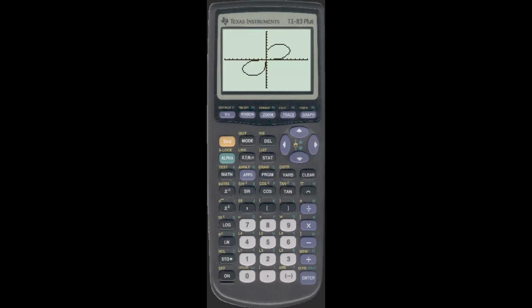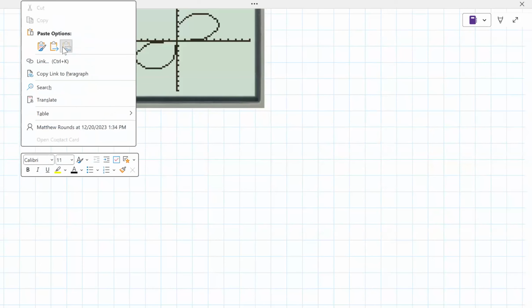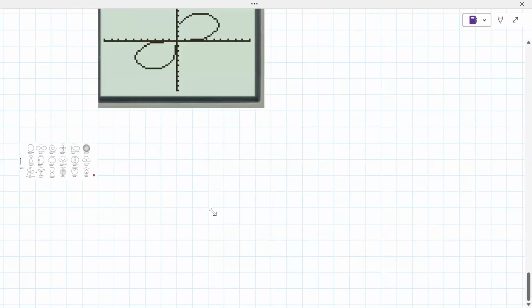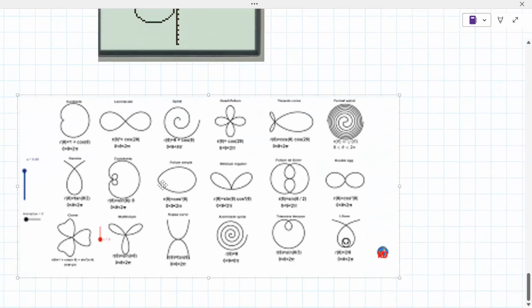Let me copy this and share it. If you've ever seen around Valentine's Day people make pictures, they're sometimes using polar coordinates. So that looks terrible. Let's find a better one. Your book has one of these in there.